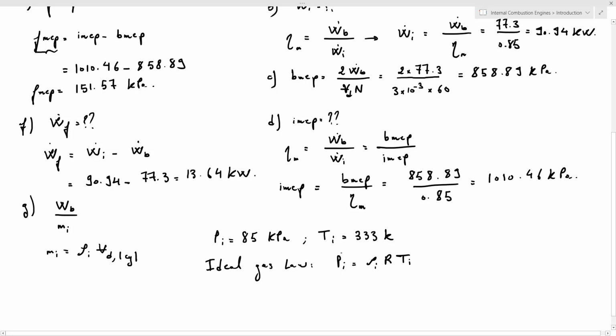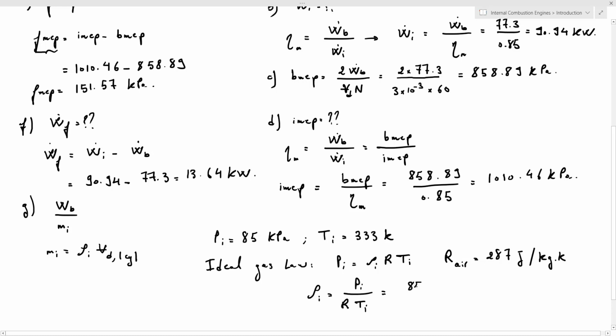So we will consider the gas as air here. So the gas constant for air is 287 joule per kilogram Kelvin. So the density will be equal to the pressure divided by R T I.